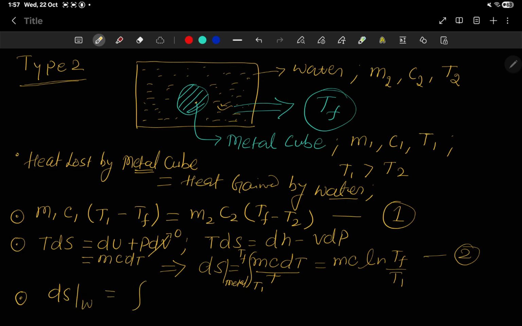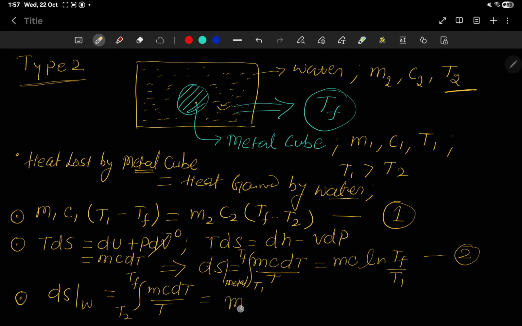This will be mc dt upon T. In case of water, it is initially at temperature T2 and will increase up to T final.